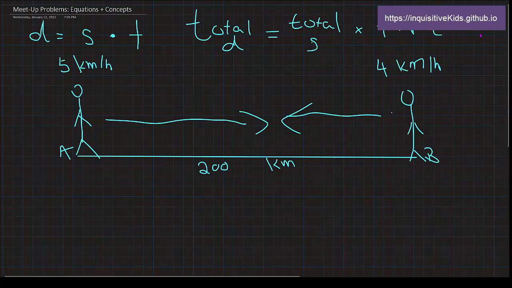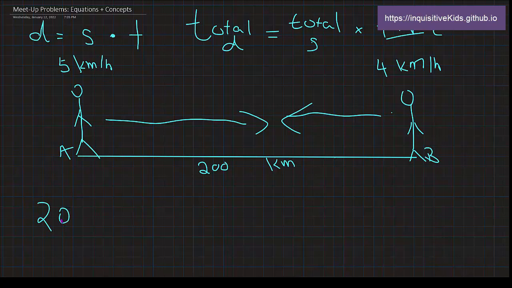So now let's try to find the time for this mini problem. The total distance is 200 kilometers. And that's equal to the total speed, which is actually combining these two. That's 9 times time.